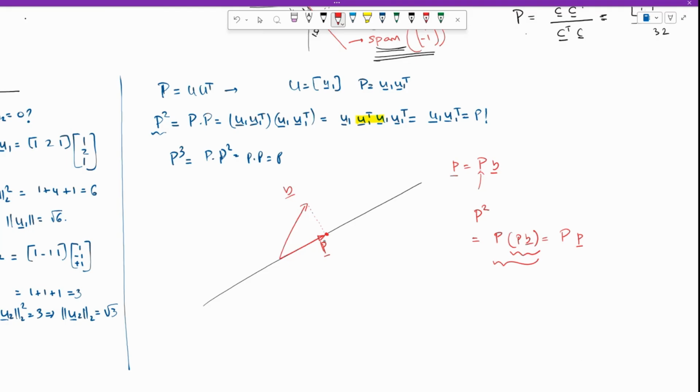If I orthogonally project P onto the subspace, onto this black colored subspace, what will I get? P is already in the subspace. If I do the orthogonal projection, I'll get the same vector again. We saw this example earlier. So P square is essentially repeating this orthogonal projection operation 2 times, and P power n will be repeating the same operation again and again.